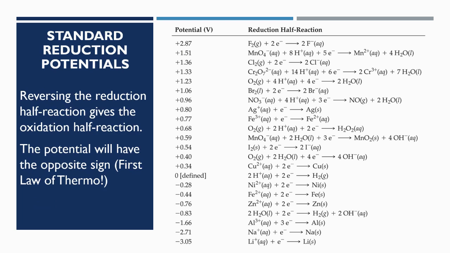If we reverse any of these half reactions and make them run the opposite direction, then that would be oxidation. And so if you look at the very bottom of the chart, you'll see lithium ions do not gain electrons spontaneously. In fact, it's a very negative voltage. They really do not like to gain electrons. But if we flip the reaction and write it as lithium metal losing an electron to become lithium ions, then the voltage will exactly flip.